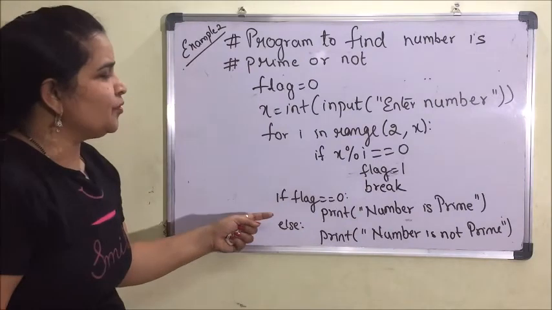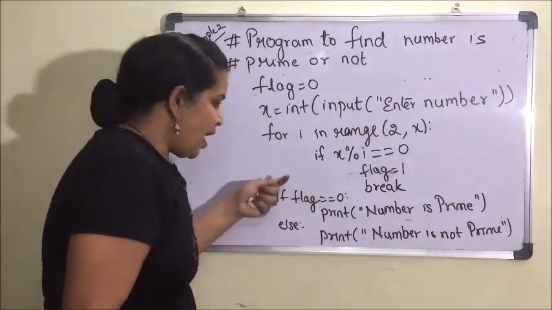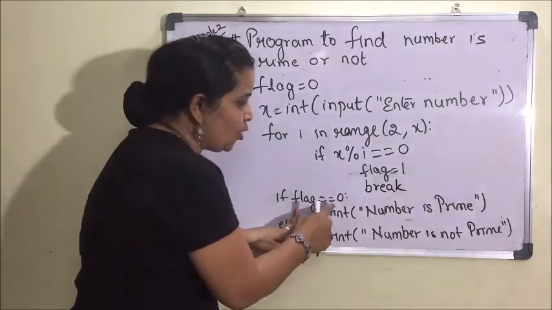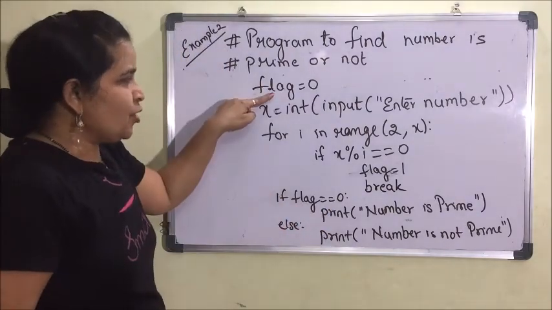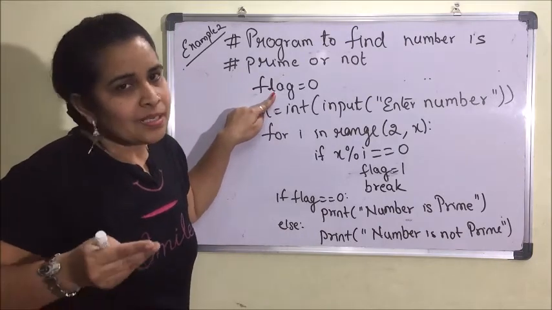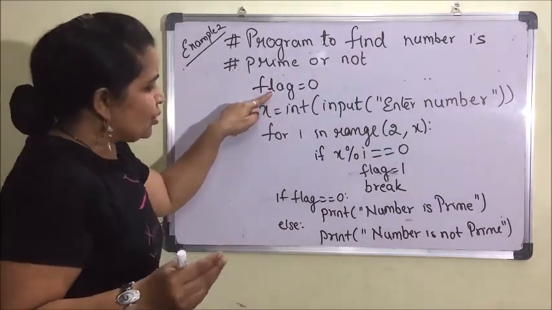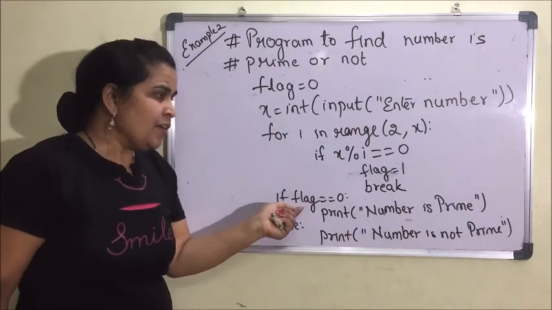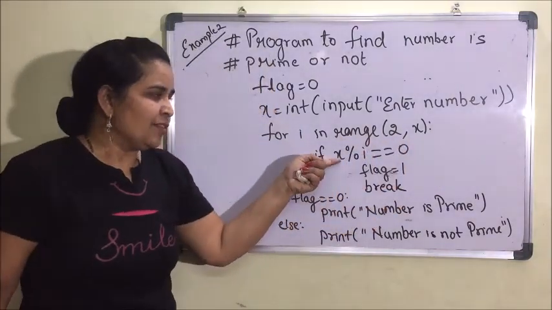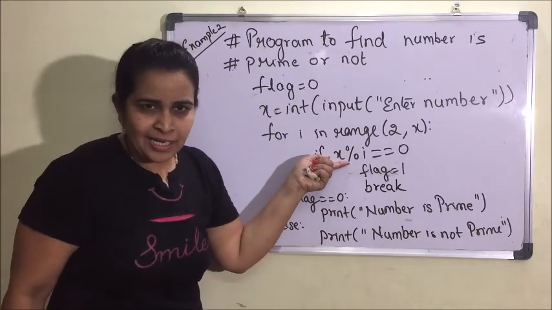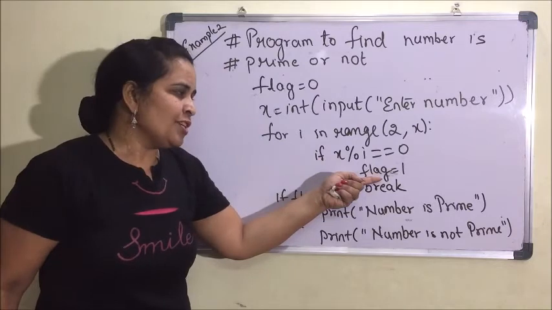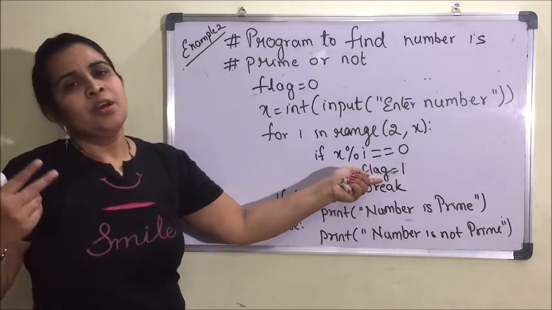It will come out of the loop in this case, and after coming out of the loop, it will check whether flag is 0 or not. See, the value of flag was initially 0 because we were assuming that it is a prime number. If the number is not divisible by any number, obviously it will not go inside this if statement, so the value of flag will be 0 only.